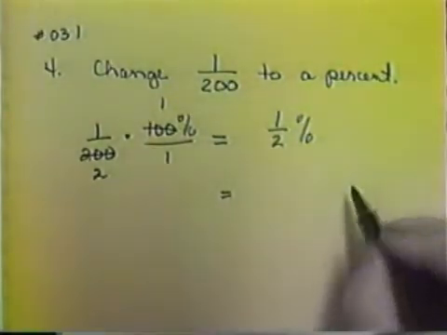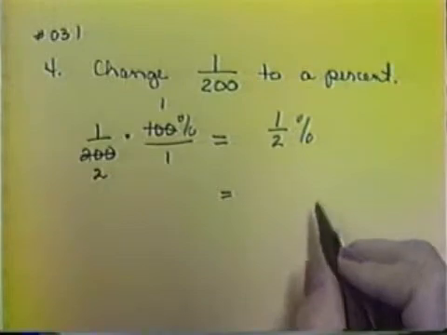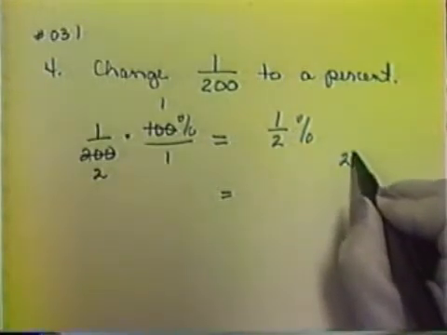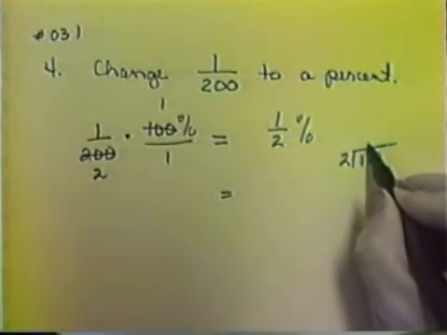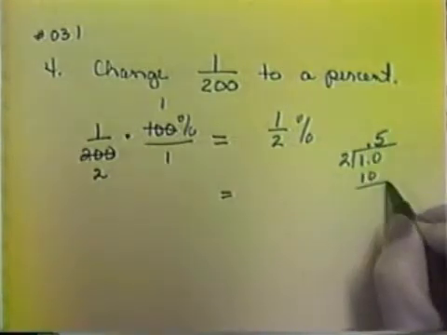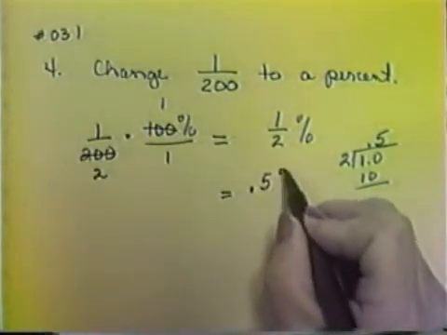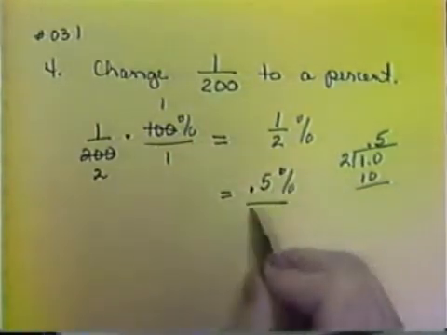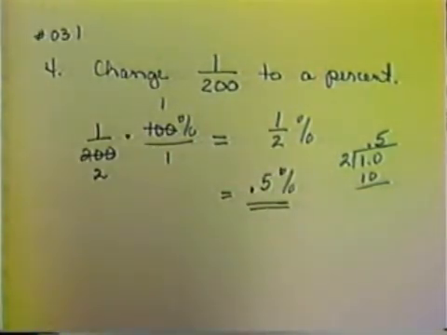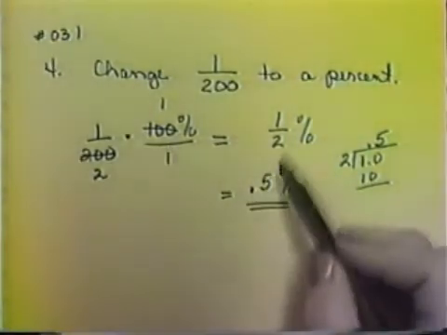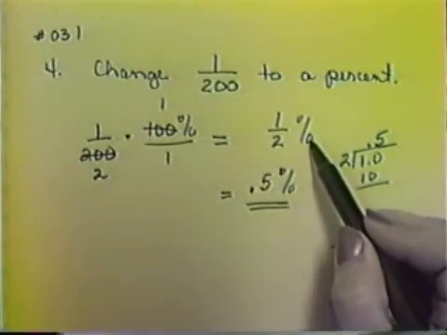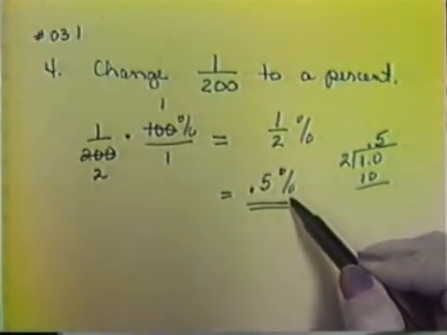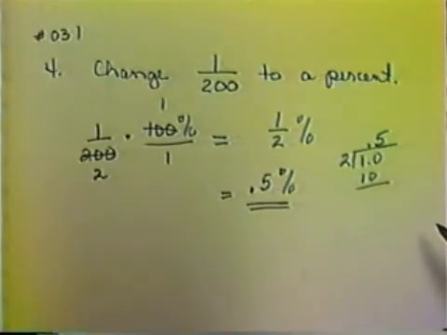We want to change it, so we're going to divide 2 into 1. And we get 0.5%. So 1 over 200, multiplied by 100% and reduced, gives us 1/2%, which we then change to a decimal, which gives us 0.5%.